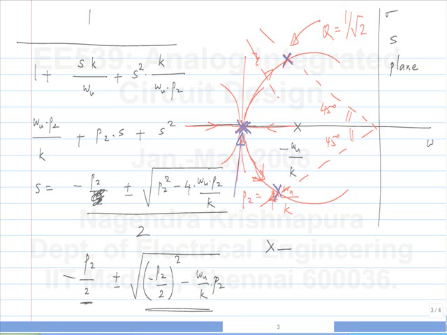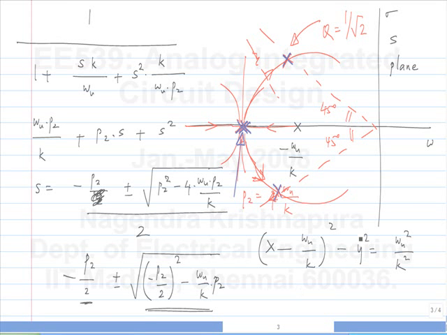X minus omega u by k, omega u square by k square. So isn't this a circle that's offset by omega u by k? Oh, sorry, it's minus y square.